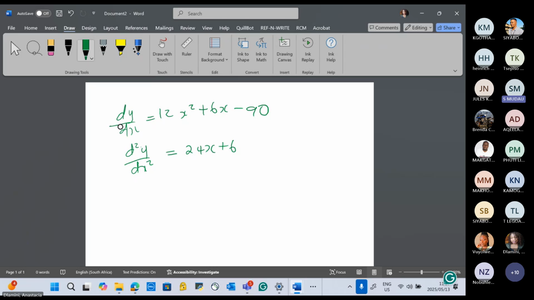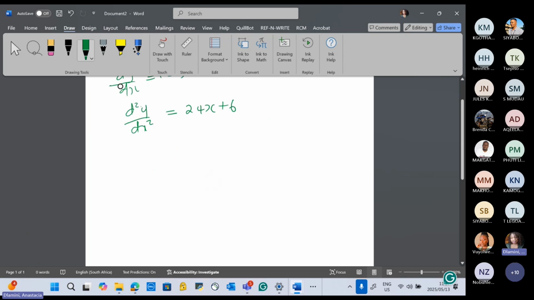We substitute our x's. Why are we substituting our x? To test each point. So 24 times 5/2 plus 6. What is the answer there? 60, ma'am.